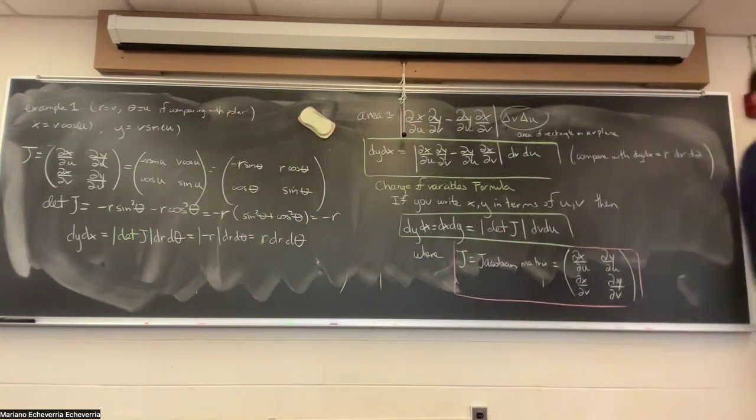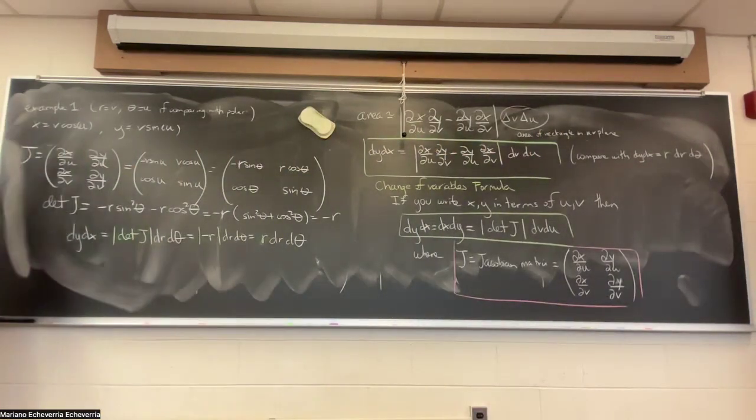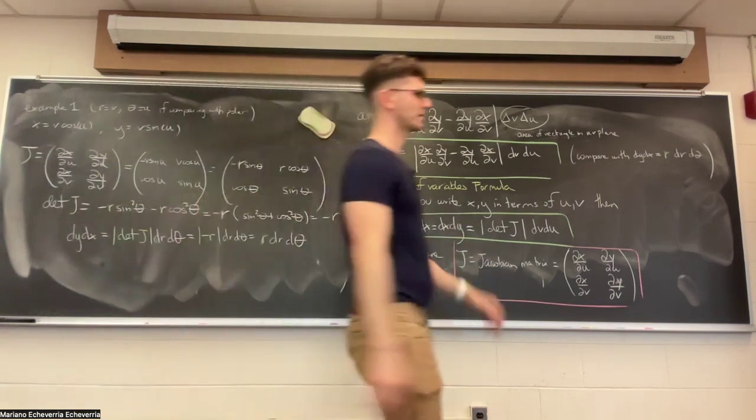Is that making sense? In the case of polar coordinates, the formula does give you back the formula that I gave you last time. But the way we found it in this case is a lot more algebraic, because in the case of polar last time, we had to pay more attention to the pictures.